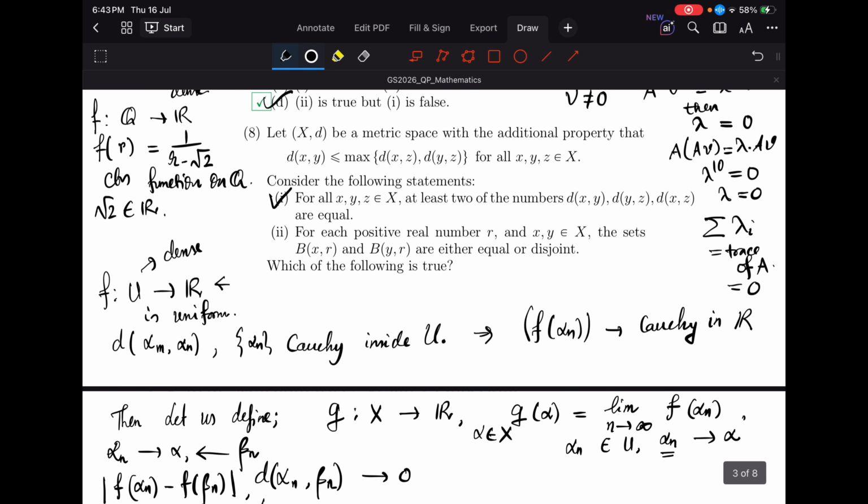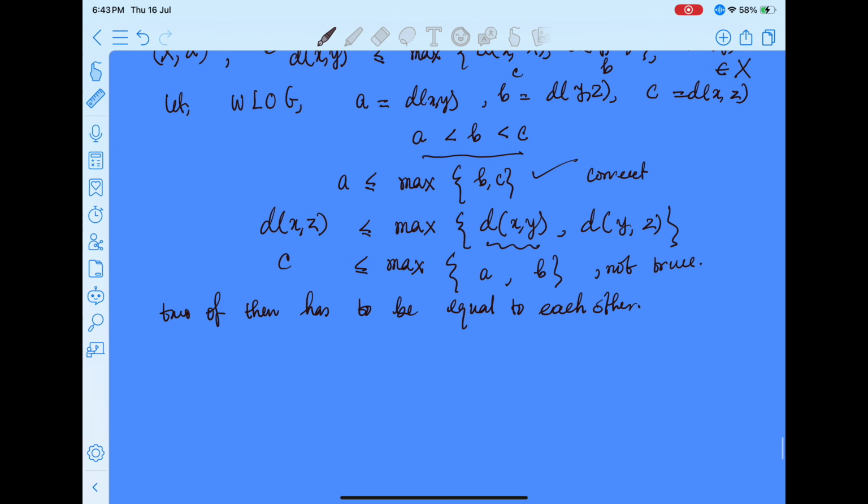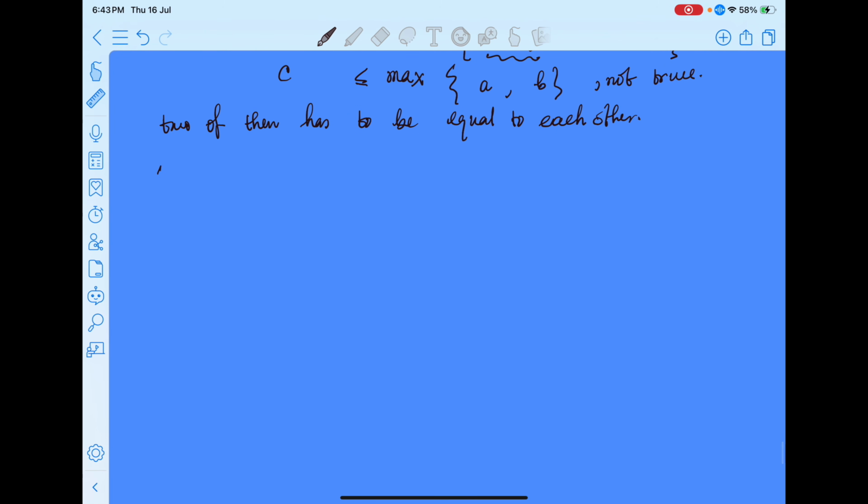So for each positive real number r and x comma y belongs to S, the sets B x comma r and B y comma r are either equal or disjoint. Okay, so let us assume B x comma r intersection B y comma r is not equal to phi. There will be two possibilities: either their intersection is phi or not equal to phi, right?